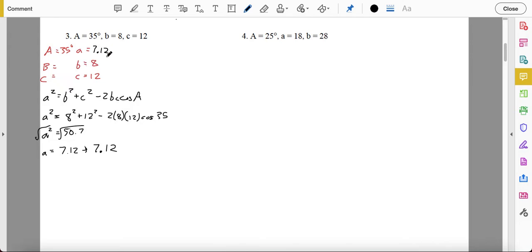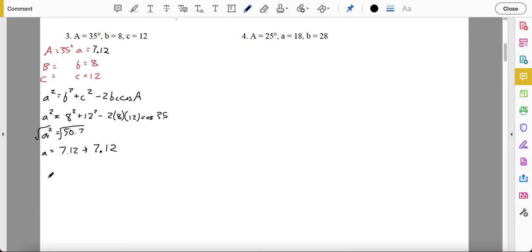Following my general rule, once we've started with the law of cosines, sticking with it is never a bad idea, because you'll never be led astray here. So we're going to use the law of cosines to find angle B.